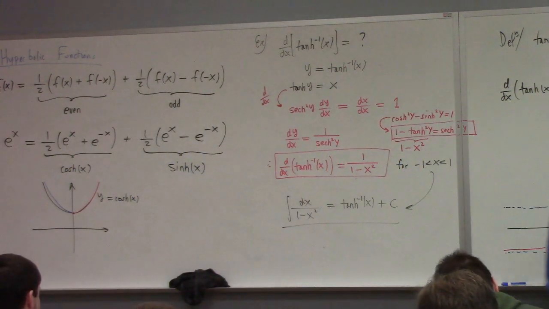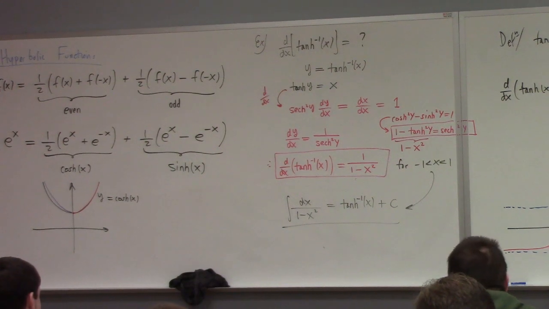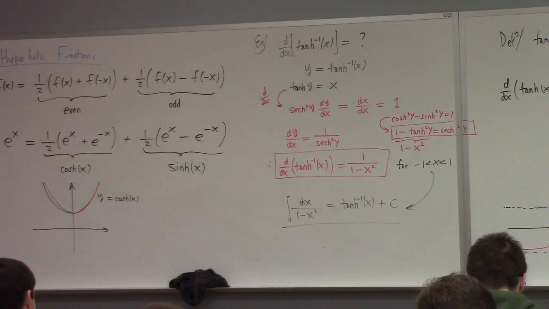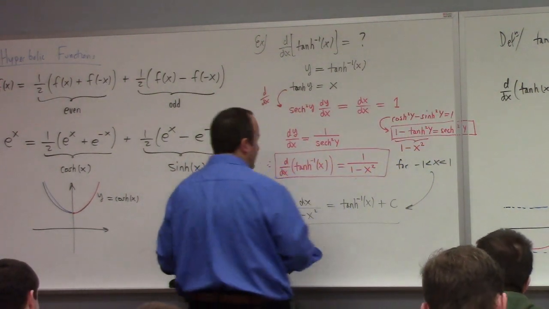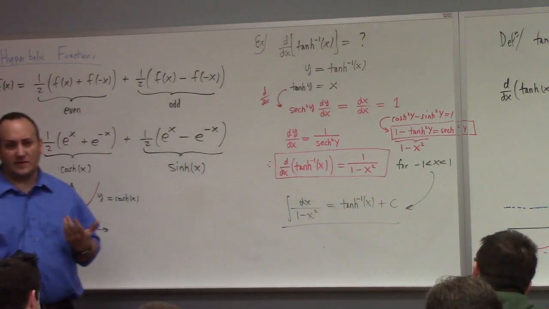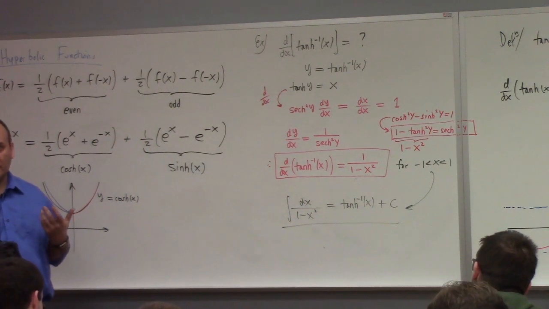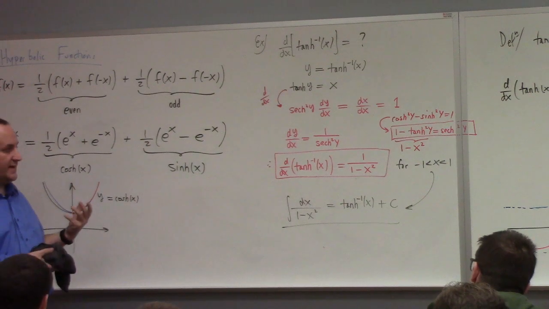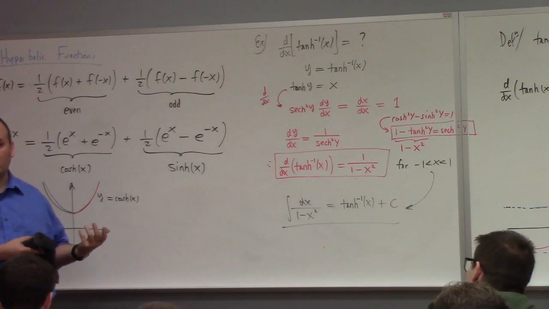Now, I should mention to you guys, there are surprising and non-obvious relations, I would say, between the inverse hyperbolic functions and the logarithmic functions. You can actually rewrite the inverse hyperbolic functions as logarithms of algebraic functions.